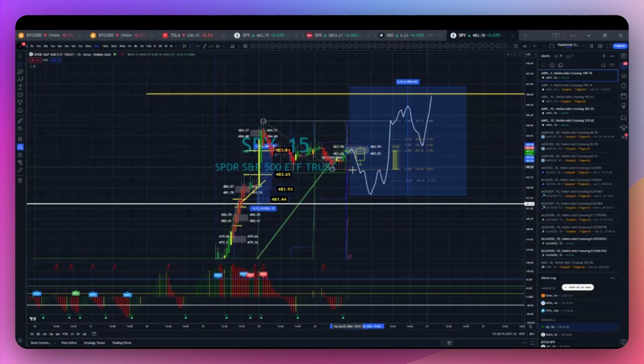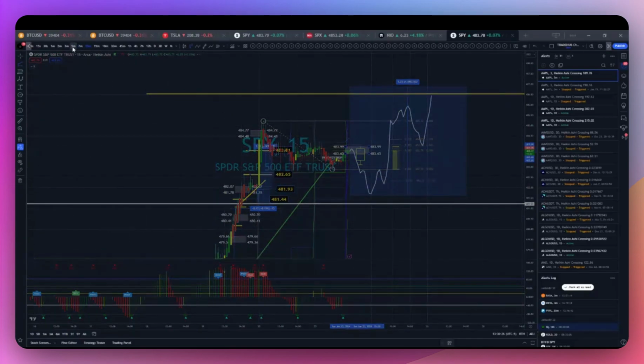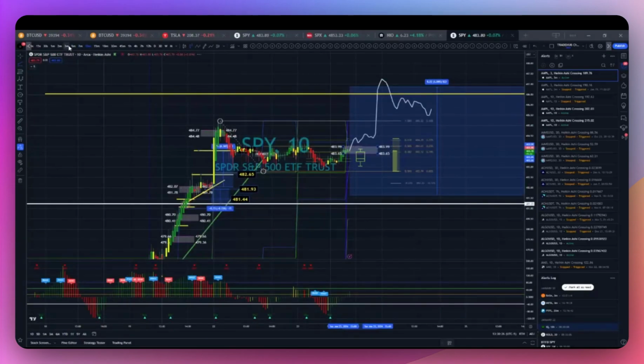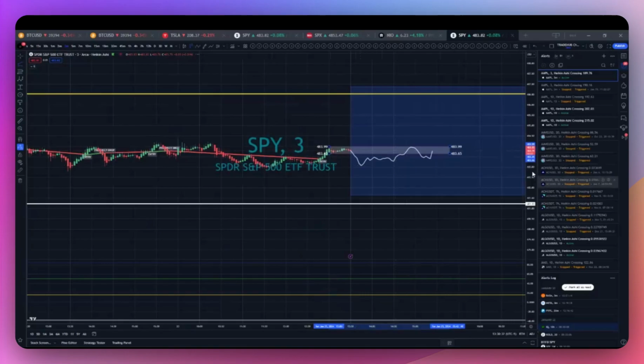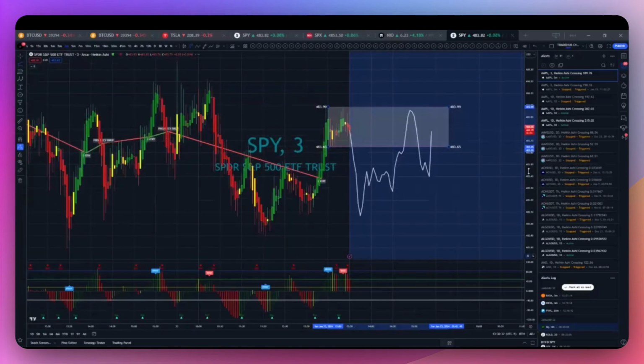Because if it doesn't correct, you get a trade ring for tomorrow. So just be careful. It has to break this to take any additional range highs. Right now, we're showing a put. If it fails, it's 483s.